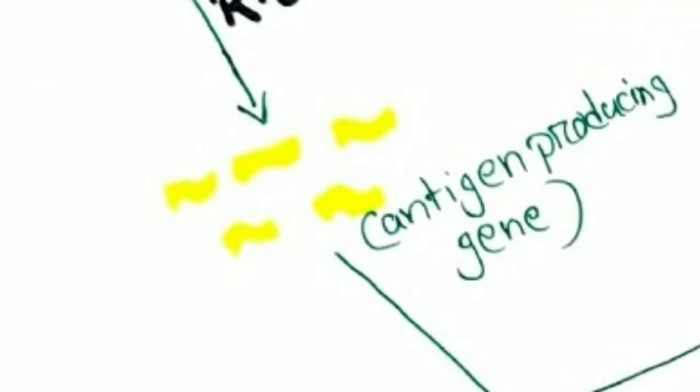We need to amplify those fragmented molecules to make several exact copies for more production. In amplification, polymerase chain reaction, PCR, is used to amplify the desired fragments.